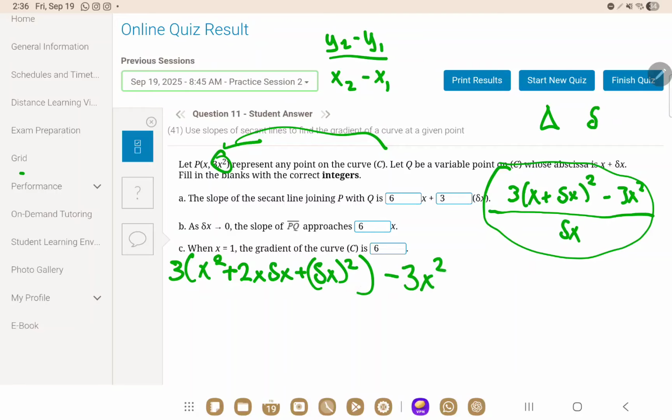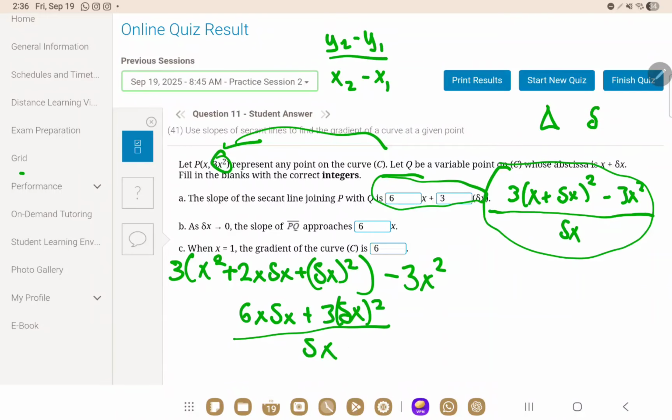Now you can expand the 3 into this: 3x squared plus, no, sorry, 6x delta x because you're expanding 3, plus 3 delta x squared, minus 3x squared. So the 3x squared cancels. You're left with 6x delta x plus 3 delta x squared, all over delta x, my bad.